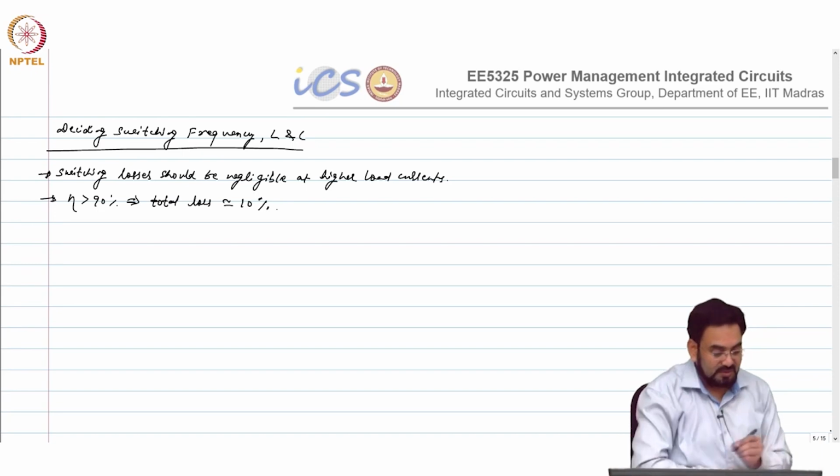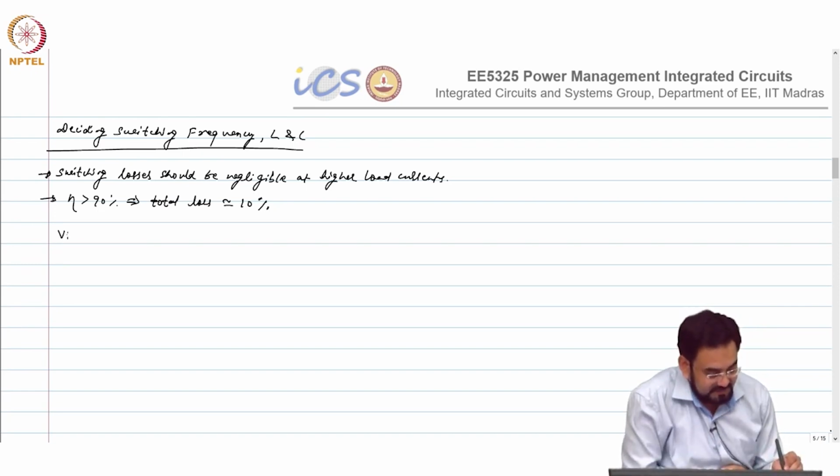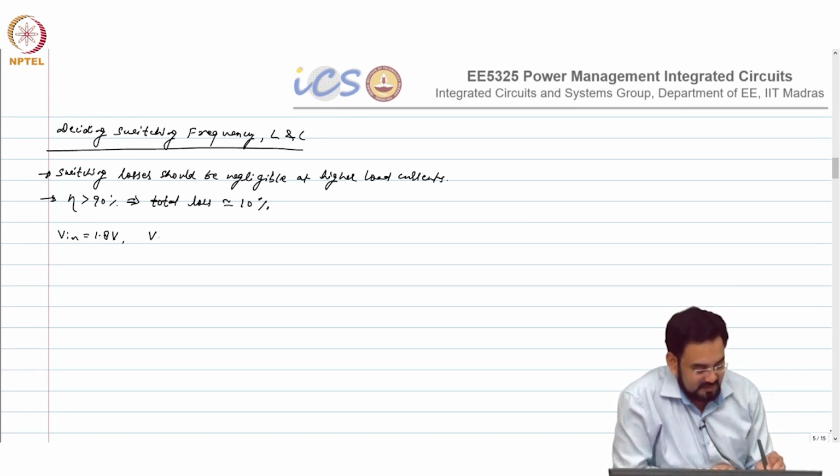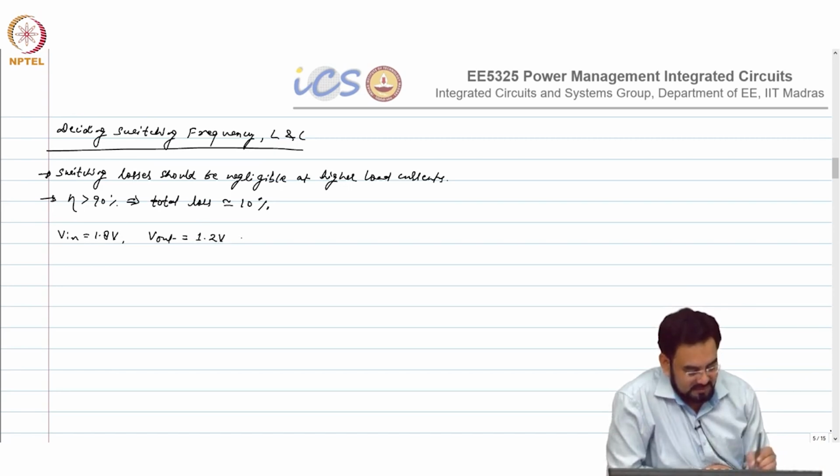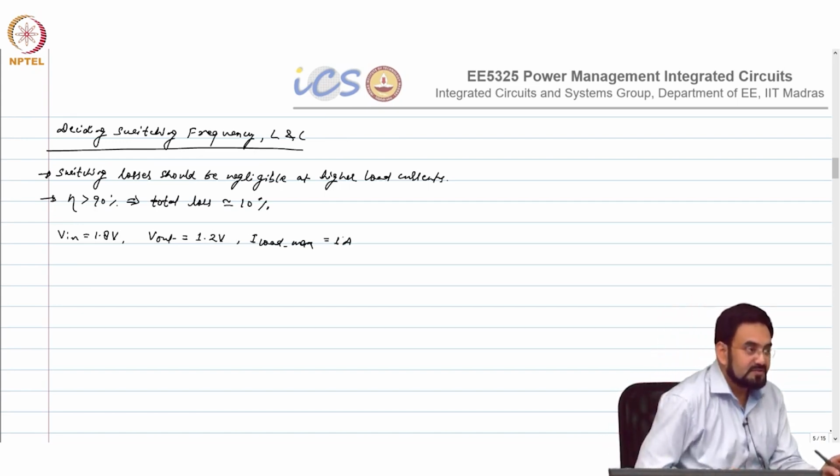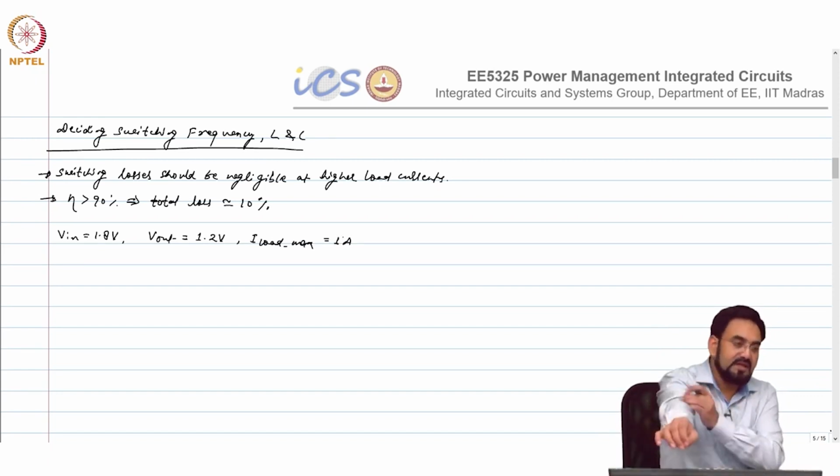Let's say I am designing for V in equal to 1.8 volt, V out equal to 1.2 volt, and I load equal to I load max, 1 amp. Which means the losses you have to calculate at full load are at 1 amp.